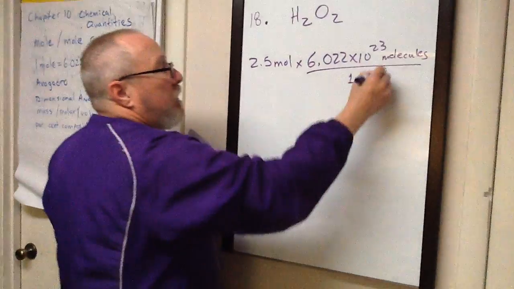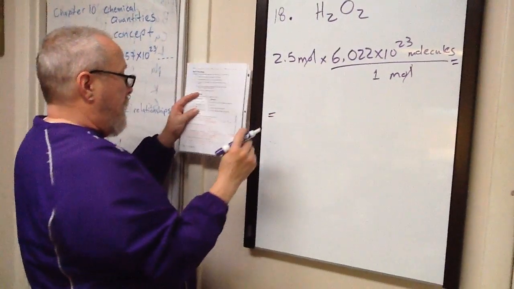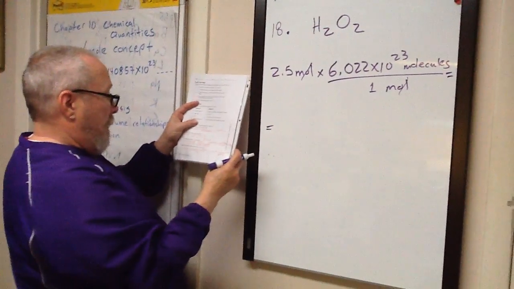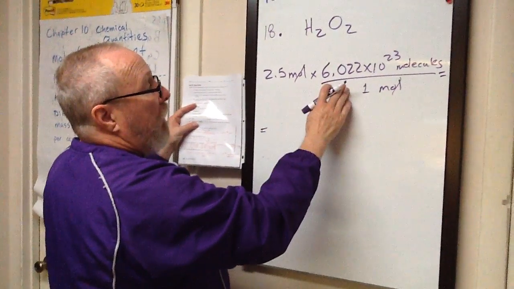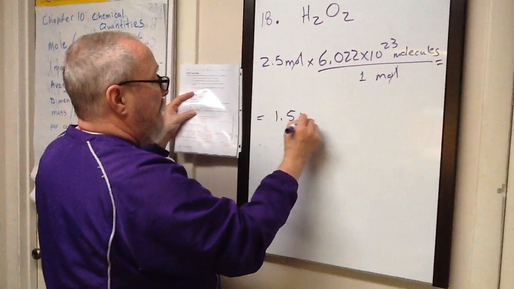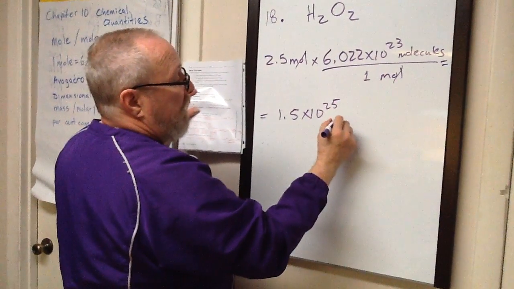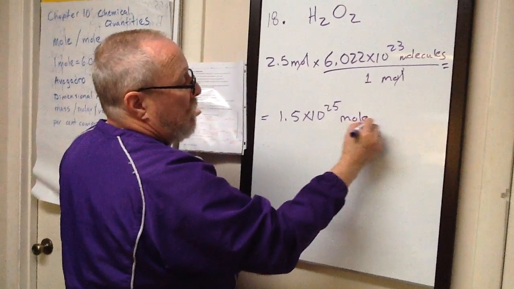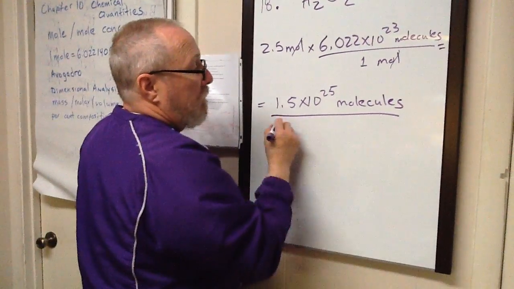So my moles will cancel, and this will give me an answer of a number bigger than that, because I'm multiplying Avogadro's number times 2.5, and I get 1.5 times 10 to the 25th representative particles or molecules in this case. You can use whatever unit you want, particles or molecules there.